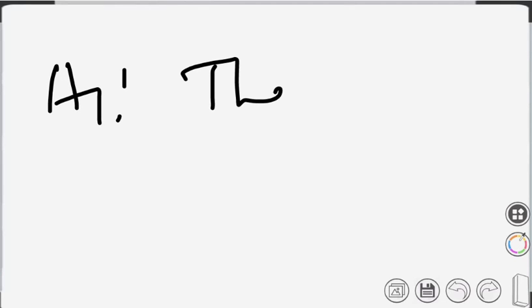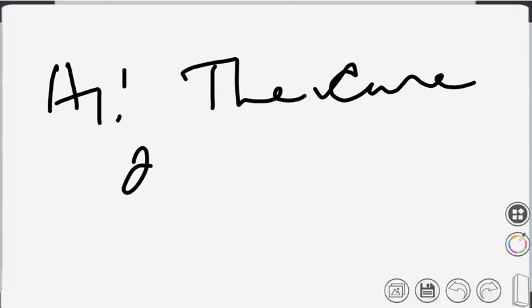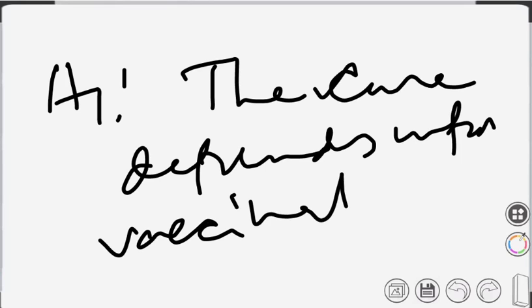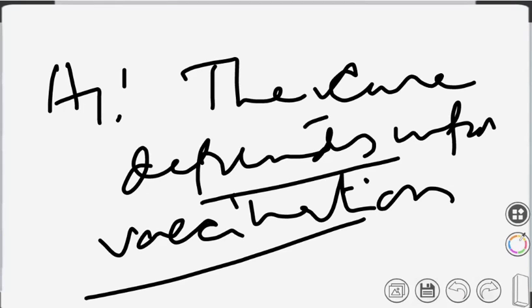Final decision: the cure depends upon vaccination, isn't it? So that is the decision that we get. Alternate hypothesis is the cure depends upon the vaccination. So please take the vaccine whenever the vaccine comes to you. So please take the vaccination.